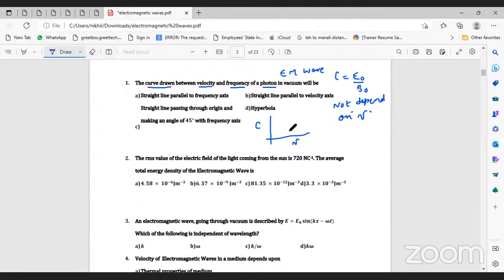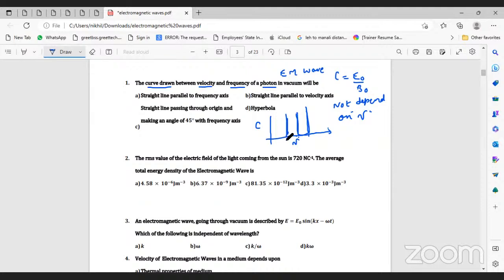Frequency keeps on changing, but the speed has to remain the same. Even if you change the frequency, the speed will remain the same. Since the speed does not depend on the frequency, for different values of the frequency, the speed of light is always going to remain the same. There will be no change at all.